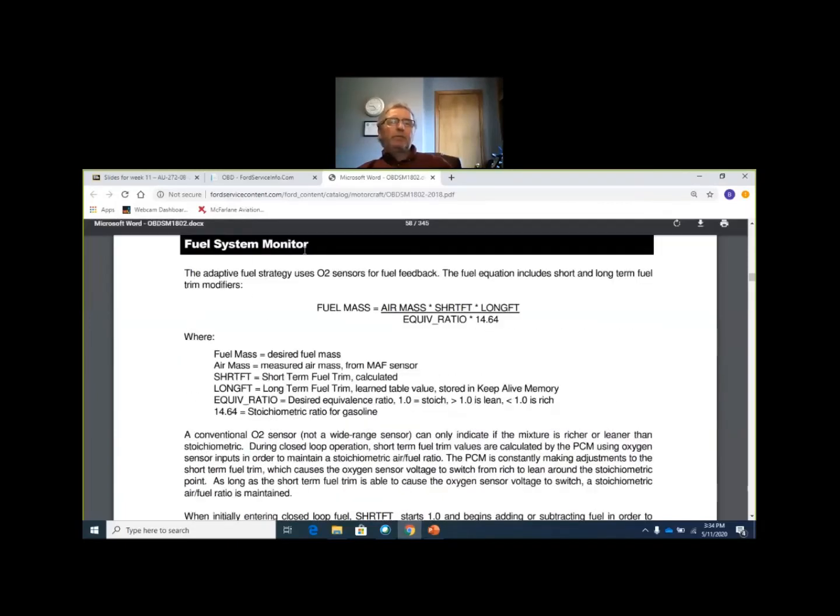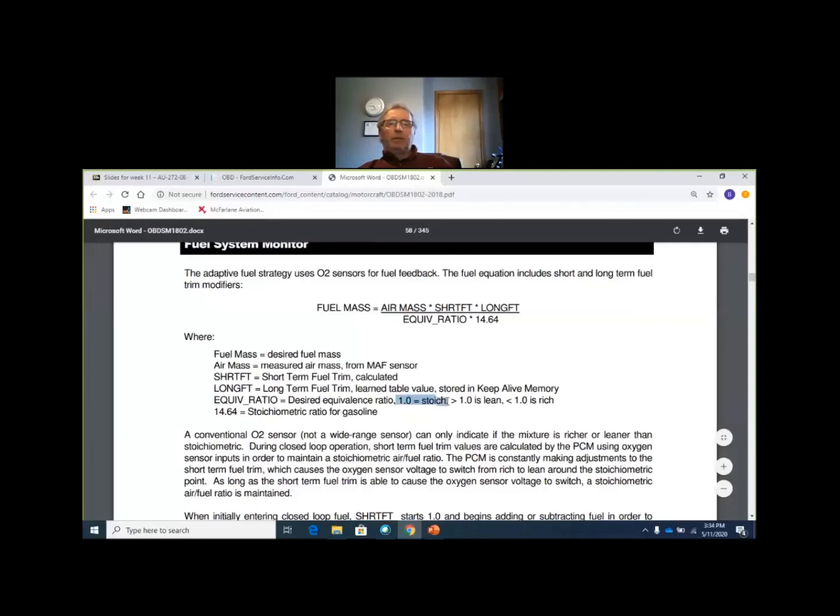So adaptive fuel strategy uses O2 sensors for fuel feedback, and the fuel equation includes short and long-term fuel trim modifiers. So, we take the air fuel mass times a short and a long-term modifier and divide by the equivalence ratio times 14.64, okay, whatever.